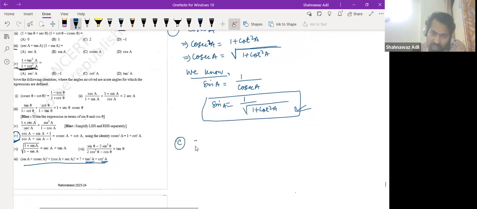So we write sec square A minus tan square A equals 1.